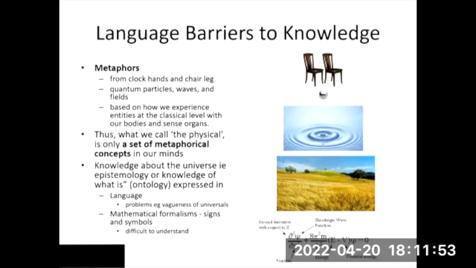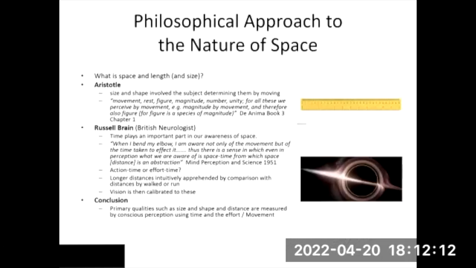And if we express it in language, we've got this problem of metaphors. We've also got the problem of definitions being vague around the edges, which I haven't got time to go into. And if we express it in terms of mathematics, then it's difficult to get our heads around it and understand what it means. So we seem to have to use both.